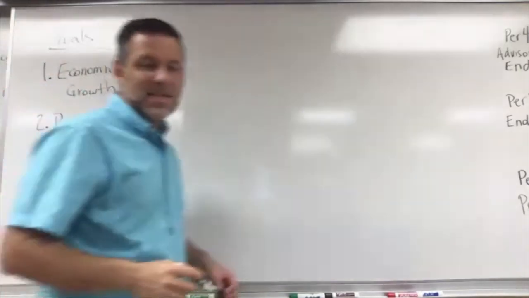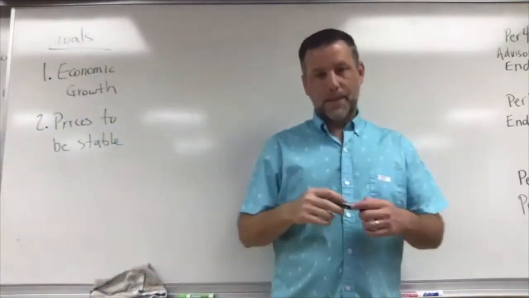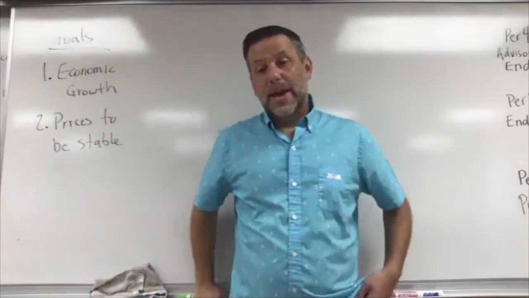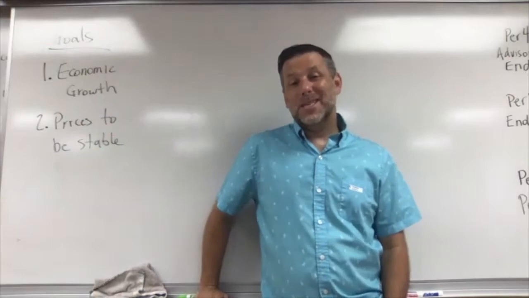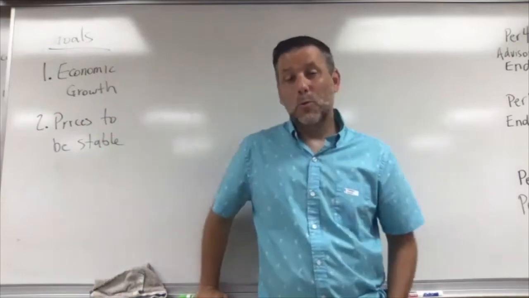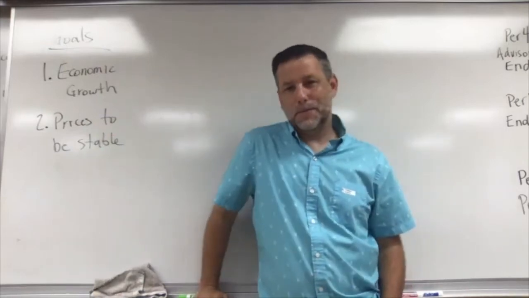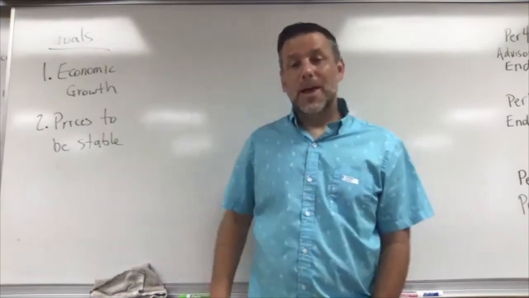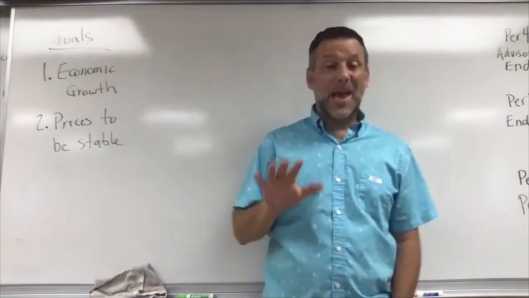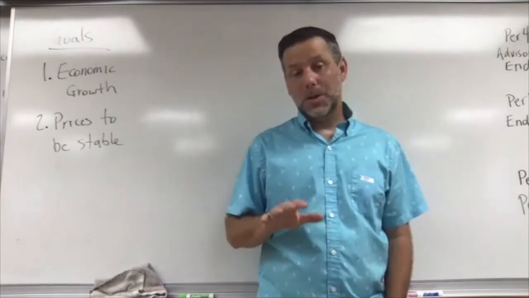is we want prices to be stable. In general, we don't want the price of stuff going way up or way down. We would like our prices to stay where they are as much as possible.